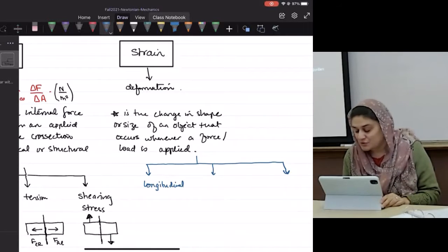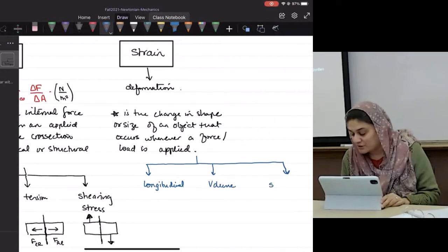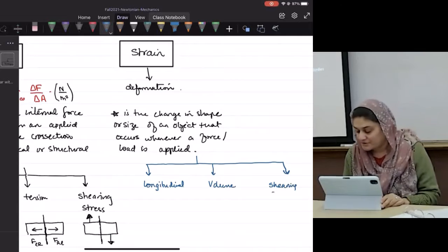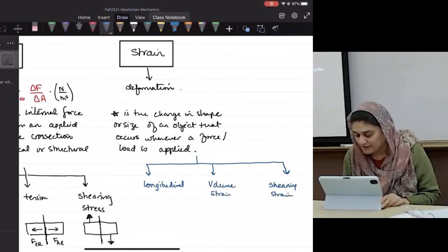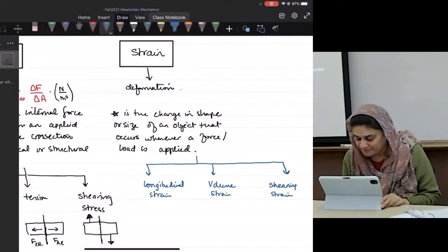The second one is called volume. And the third one is called shearing. Strain. Volume strain and longitudinal strain.